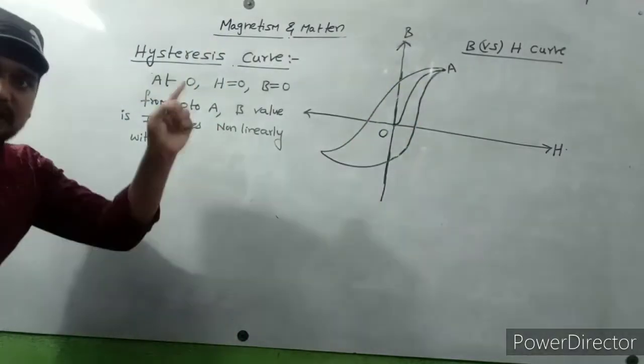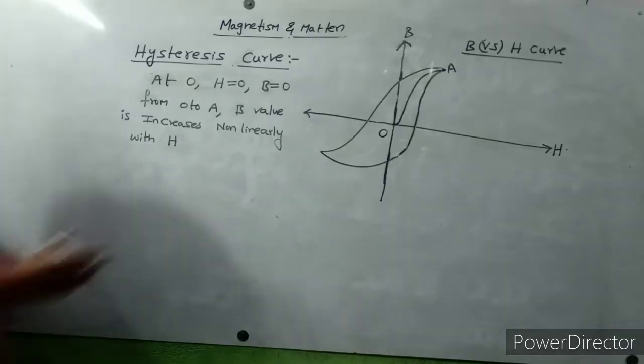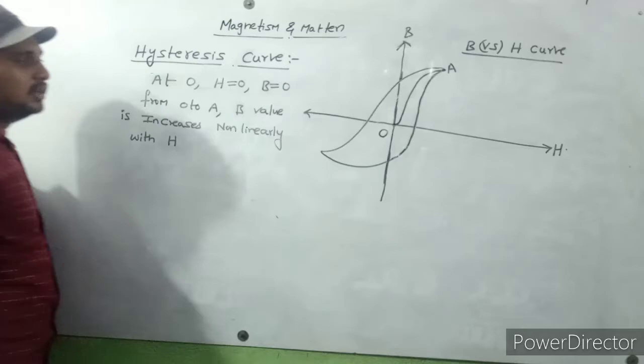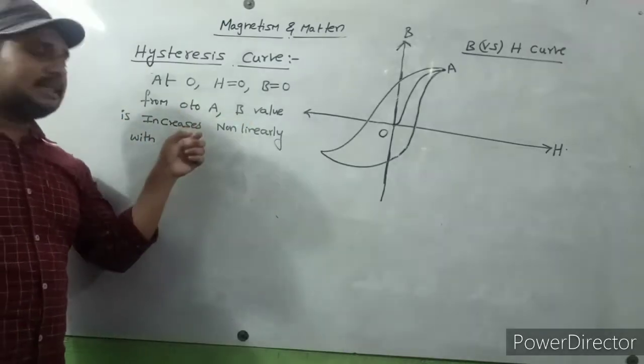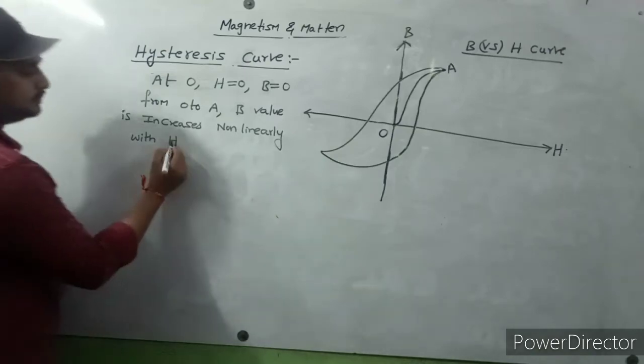Linear means a straight line; non-linear means not a straight line. So from O to A, the B value increases non-linearly with H.